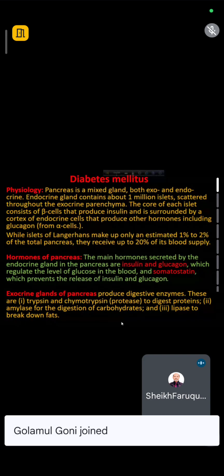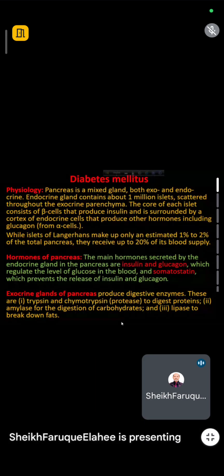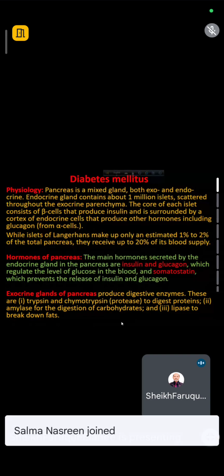So there is a balance in the blood. You find always your blood has a fixed level of glucose. So for example, 80 milligram, if I say millimole, say 5 to 7 millimole in the blood, always.